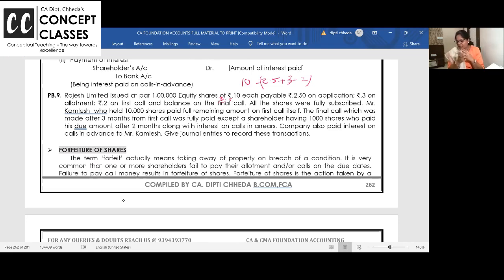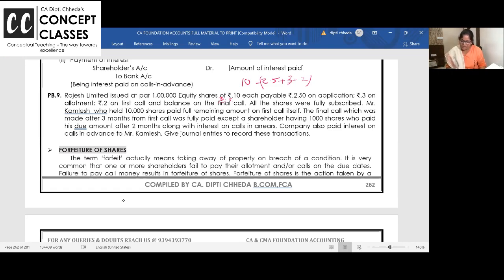But allotment and all will differ, if whatever amount is paid in advance or whatever amount is due is adjusted in the first call. Till then the problem is going very smooth. Very smooth. Yes, read the problem please.